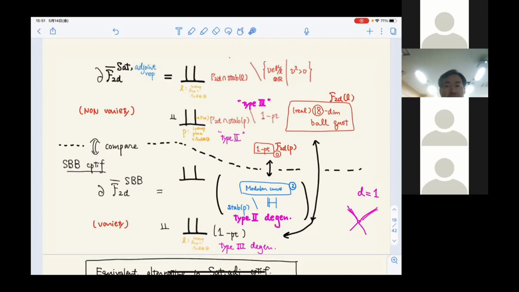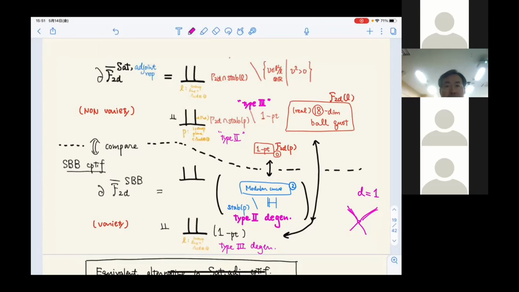If you consider another Satake compactification, then the boundary becomes a non-variety, and it looks like this.